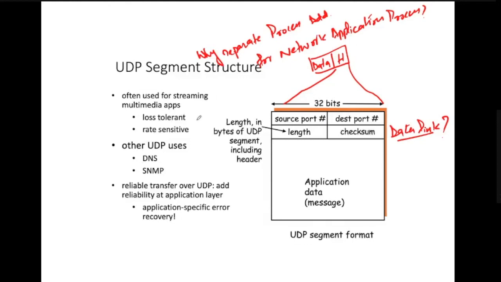So it entirely depends upon the designer or the programmer of the application to decide whether UDP or TCP is required. Other protocols that make use of UDP are DNS, SNMP, and RIP.